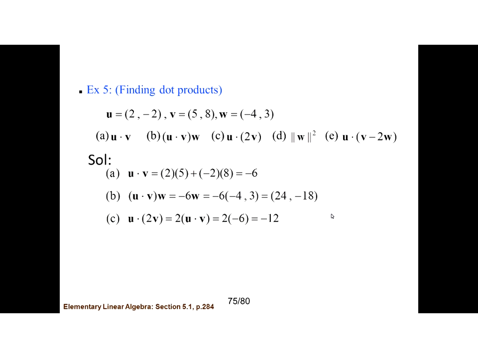And the D part: W squared, the norm of W. We know the formula of the norm. What is the formula? We have to square each element and add, and then take the square root. So the norm of W is the square root of (minus 4) squared plus 3 squared, and then take the addition.